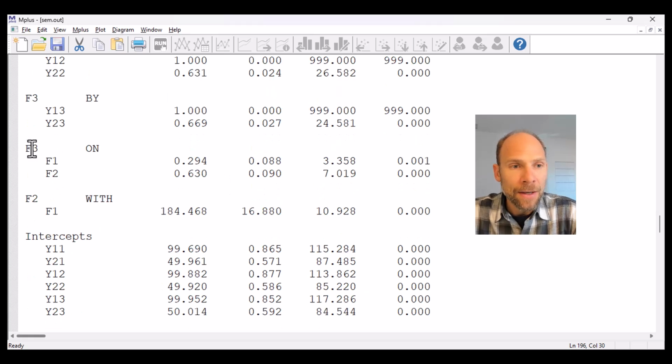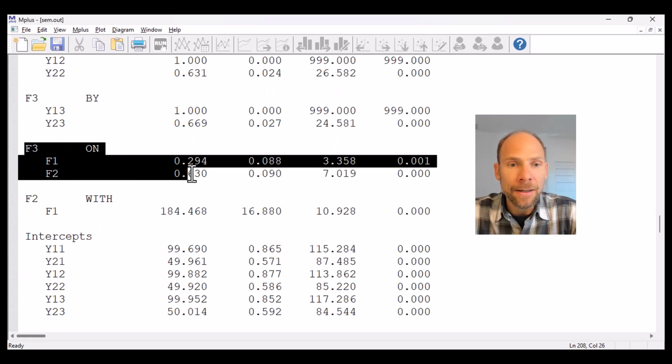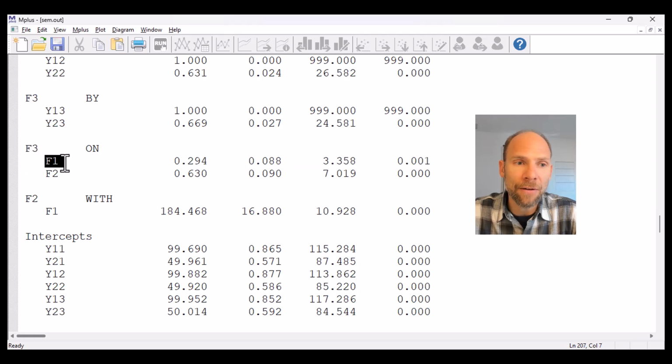Next are the unstandardized path coefficients, or regression coefficients, we could say, for the regression of the F3 factor on F1 and F2.